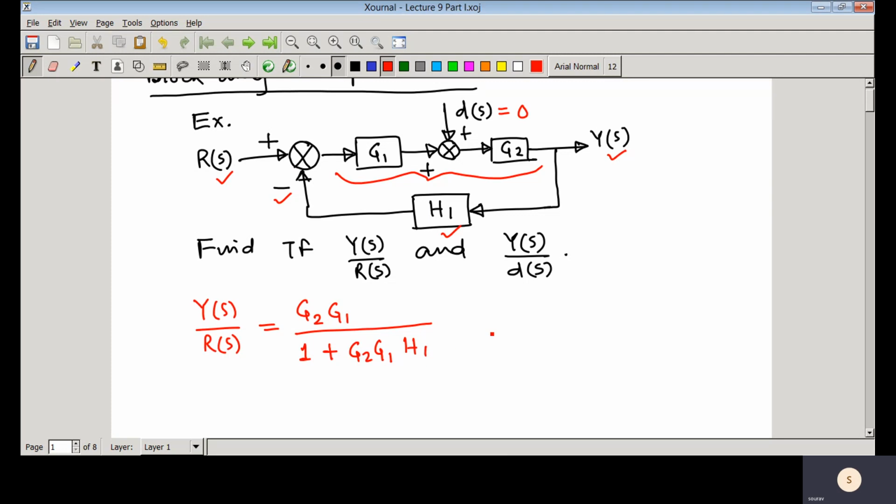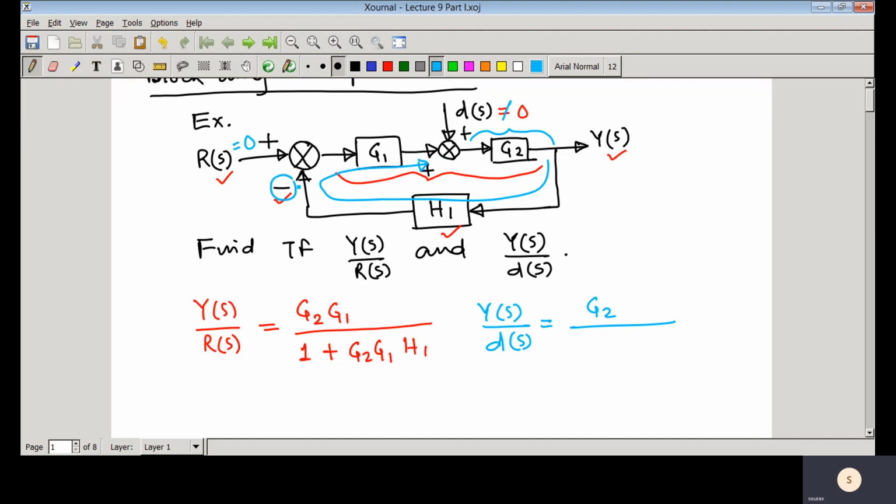And in the other case, whenever we will be finding YS by DS, in that case we will be assuming that RS equal to 0, but DS is not equal to 0. So in this case you can see that this is the forward path transfer function, that is G2, and here you can see this is the feedback path.